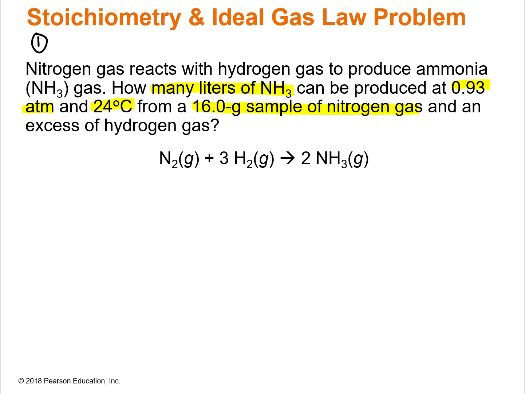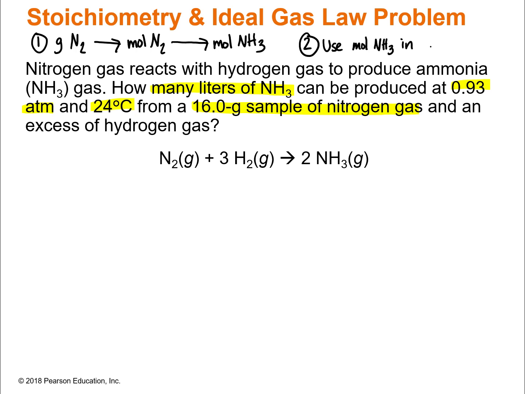First thing we're going to do is take the grams of nitrogen gas, convert to moles of nitrogen gas and convert that to moles of ammonia. Then we're going to use the moles of ammonia in the ideal gas law to solve for the volume.